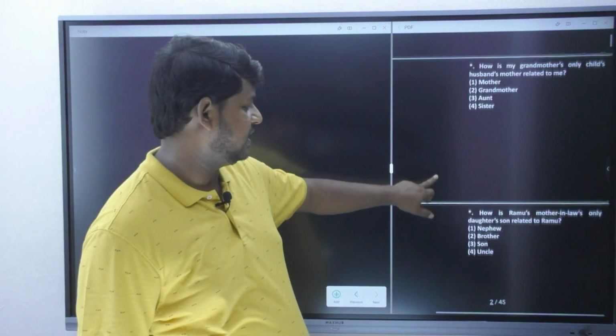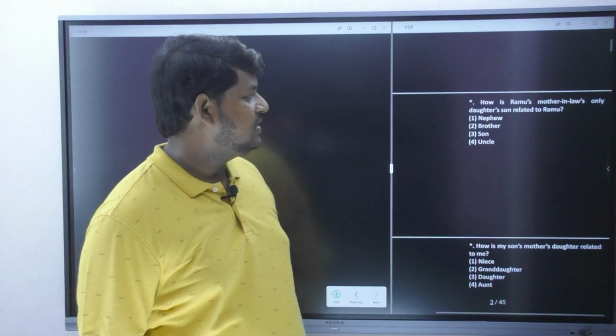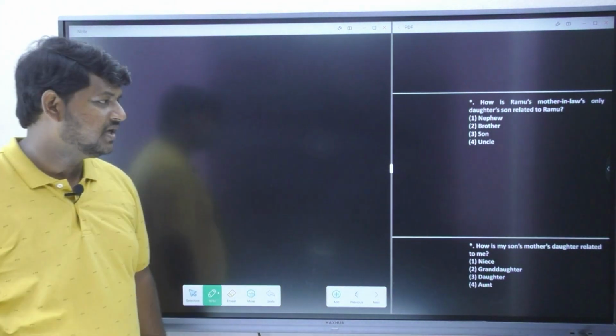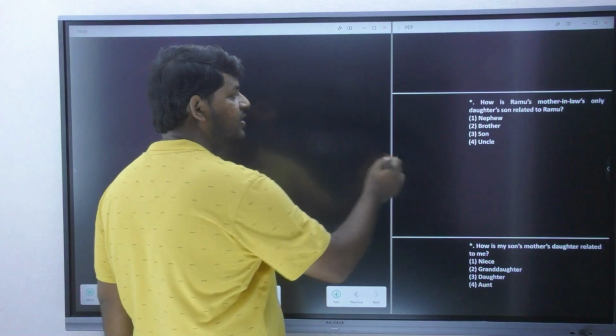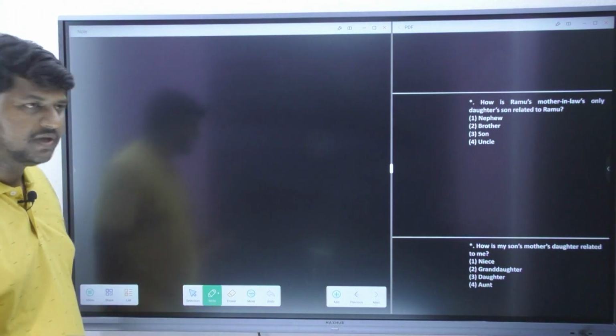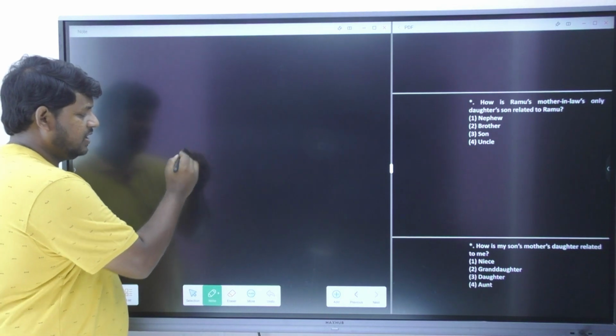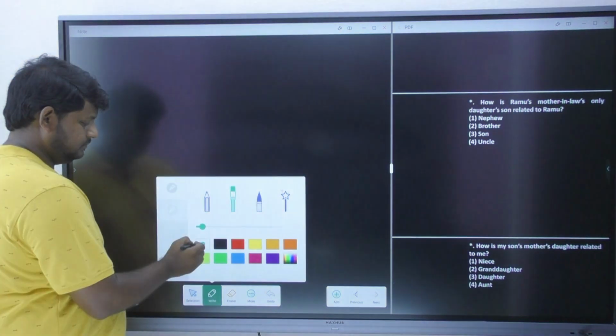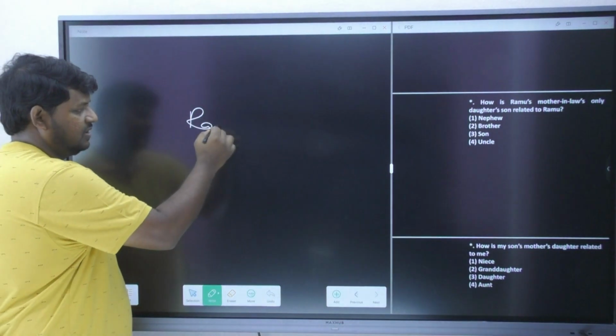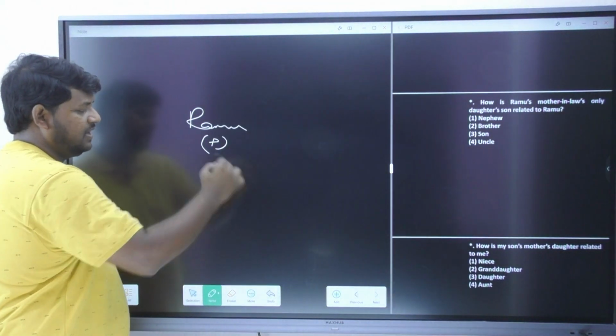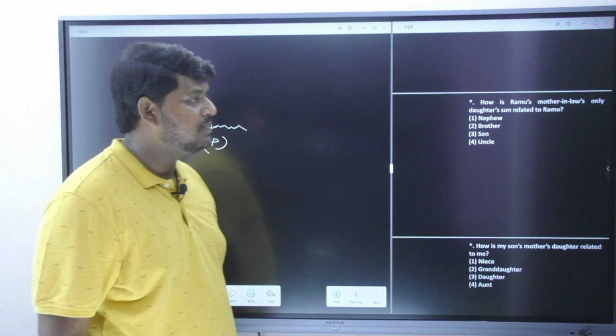What is the next question saying? How is Ramu's mother-in-law's only daughter's son related to Ramu? Please observe here. Ramu's, okay. Now let me write down Ramu. Ramu is a male. Very good. Ramu's mother-in-law.